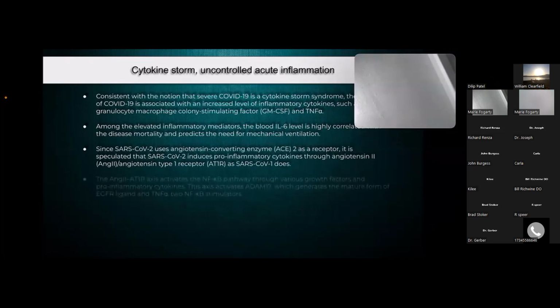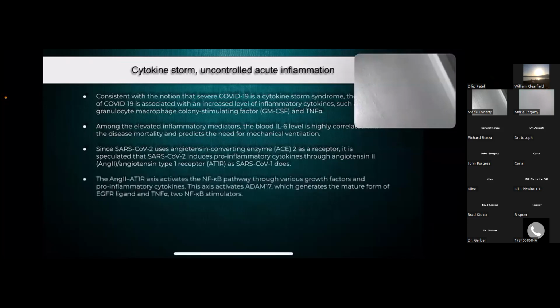Bottom line is it's activating NF-kappa beta. Too much NF-kappa beta. The angiotensin 2, angiotensin 1 receptor axis activates the NF-kappa beta pathway through various growth factors and pro-inflammatory cytokines. This axis activates ADAM17.